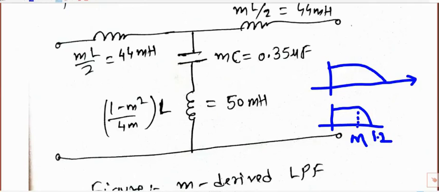Infinite attenuation means maximum attenuation. No signal can be passed. So this is the difference between M-derived low pass filter and our constant K low pass filter. So here the range is more after cutoff frequency, but here the range is less. And we always want to be near our ideal response. Practically it is not possible to get the ideal response, but we always try to achieve the ideal response.